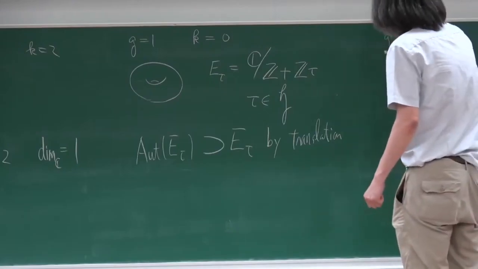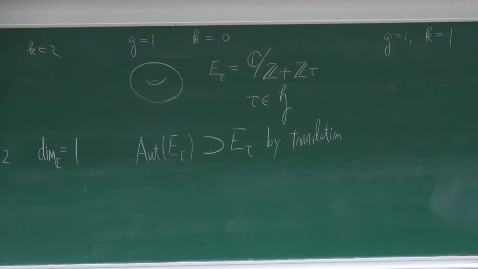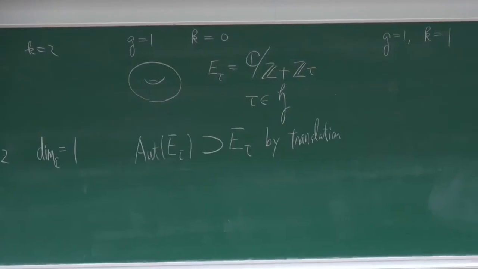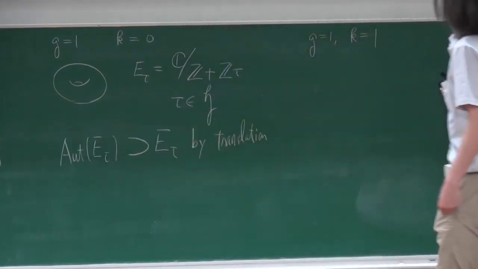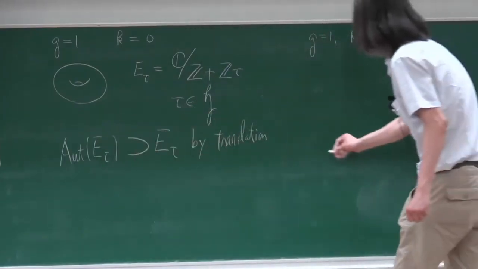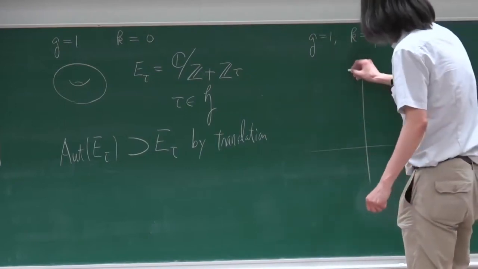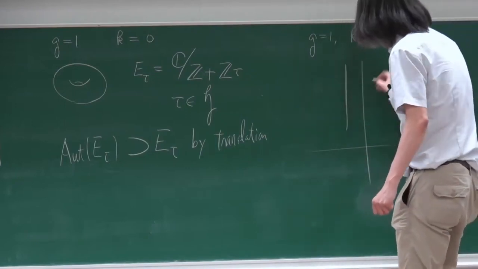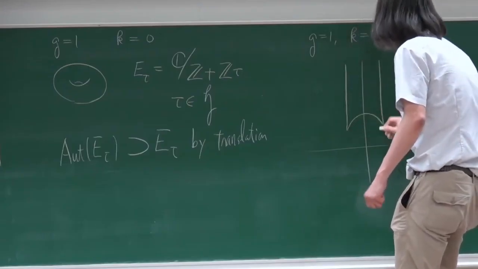And if g equals 1 and k equals 1, then you have one point on the elliptic curve, and you can kill most of the automorphisms. And then you have a very famous picture, like this.